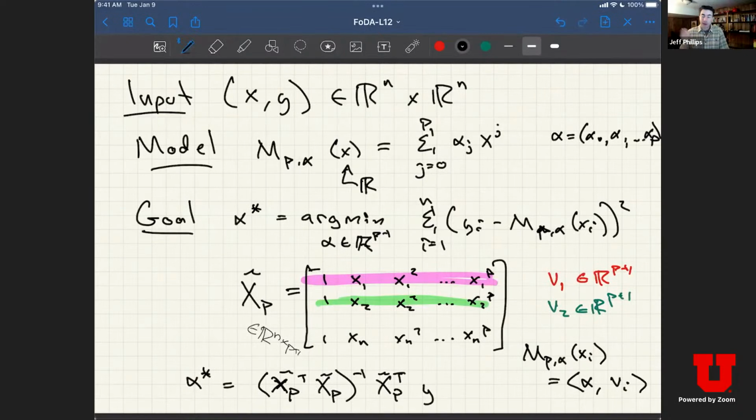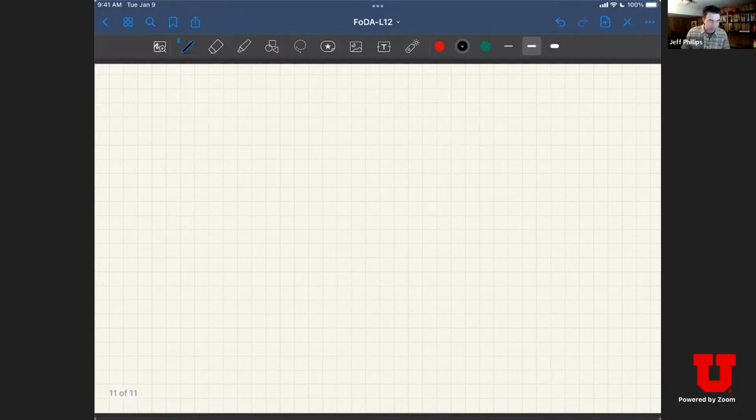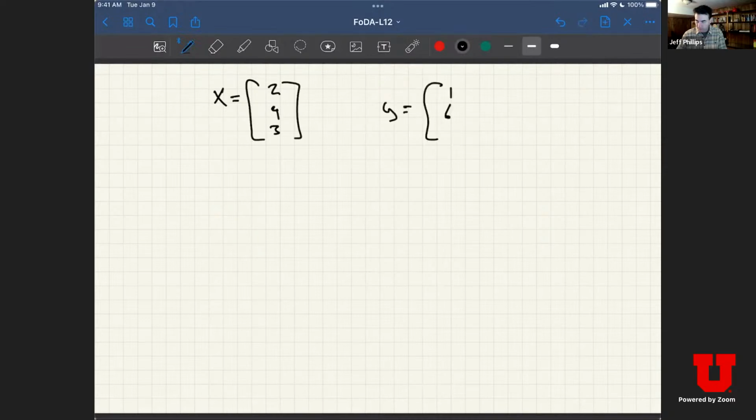Okay, so that's it. I'm running out of time, but let me do one very simple example just to make this clear. 2, 4, 3. This is my x and this is my y: 1, 6, 5. I want to expand into X tilde p, and let's do this with p equals 5.